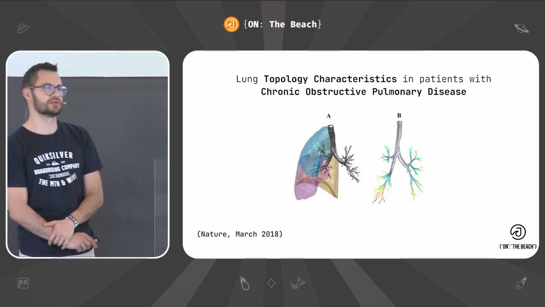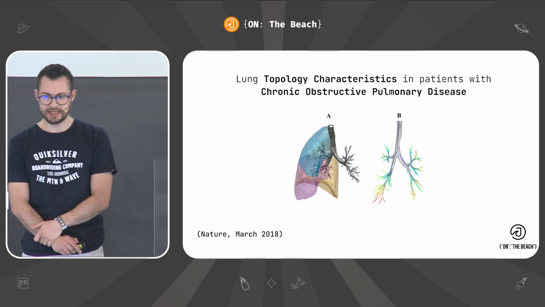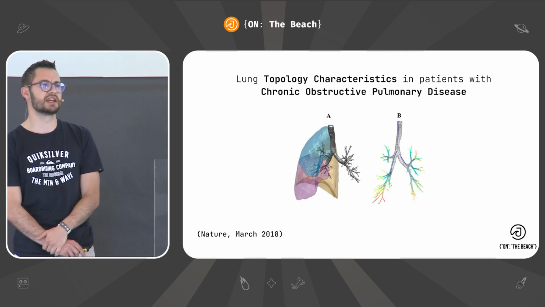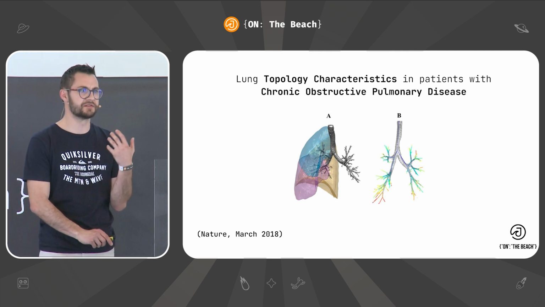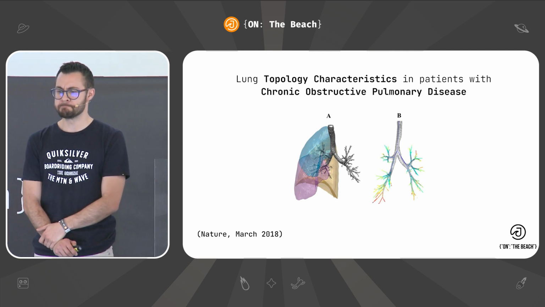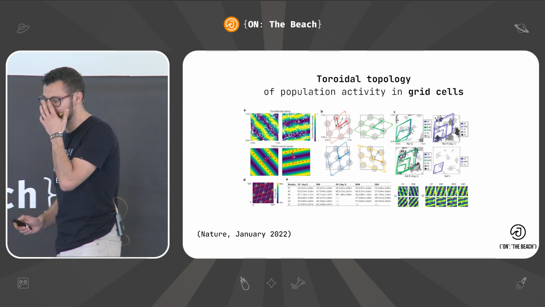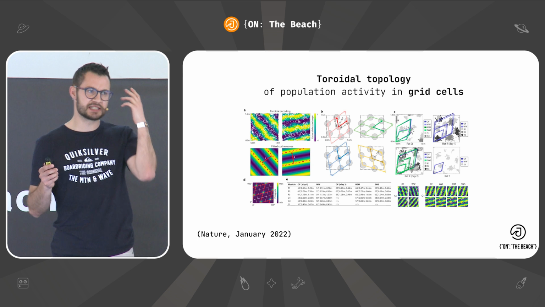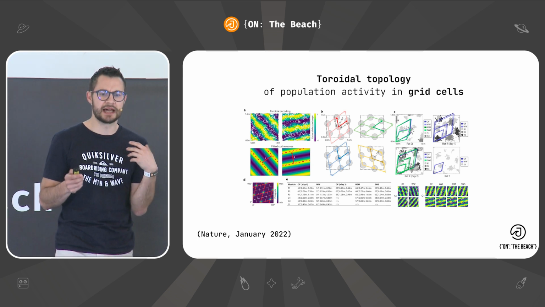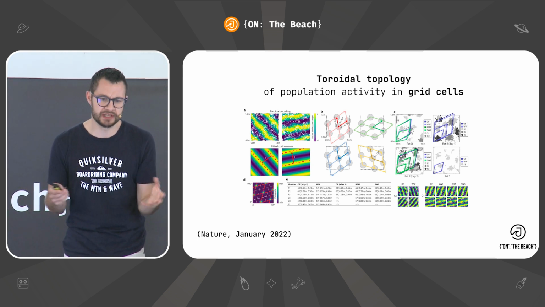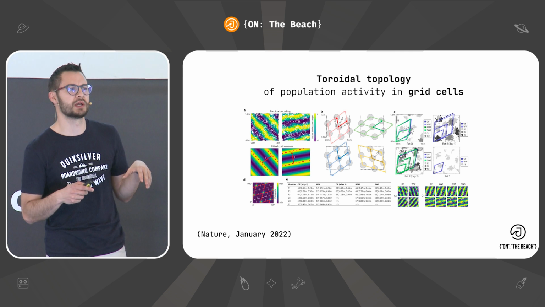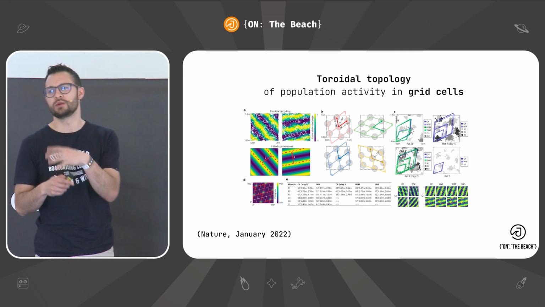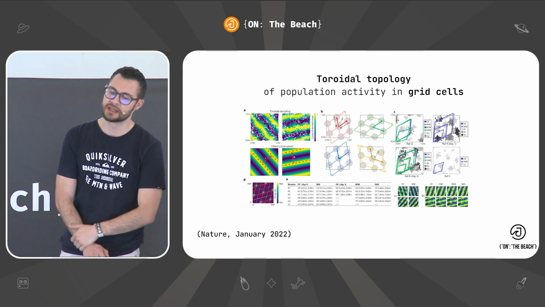It has been also used to study lung diseases, identifying obstructive patterns. It has been also used in neurology to study a certain type of cells in the brain that are in charge of mapping our movement, our position while we're moving in our environment.